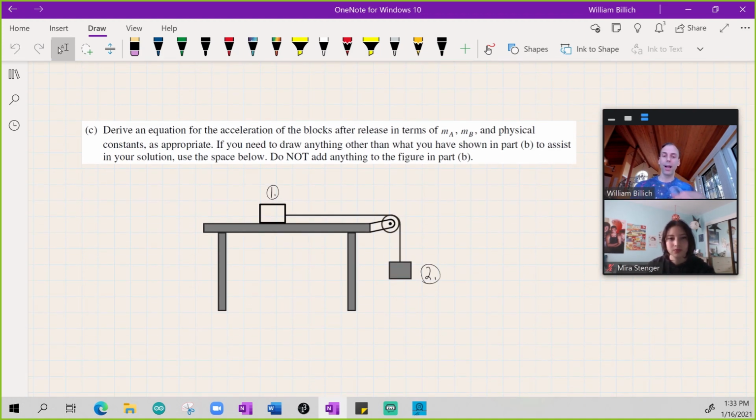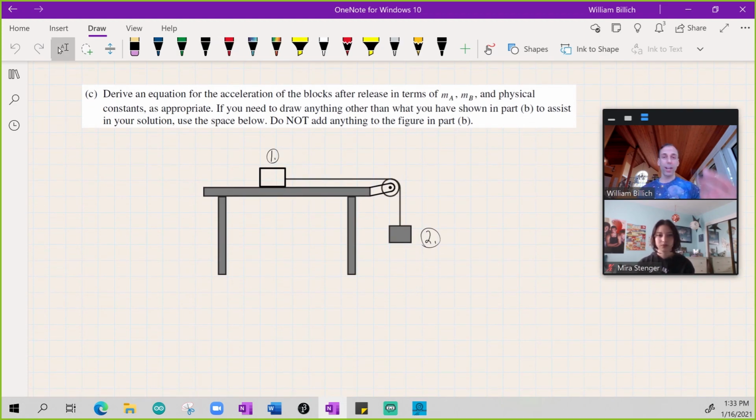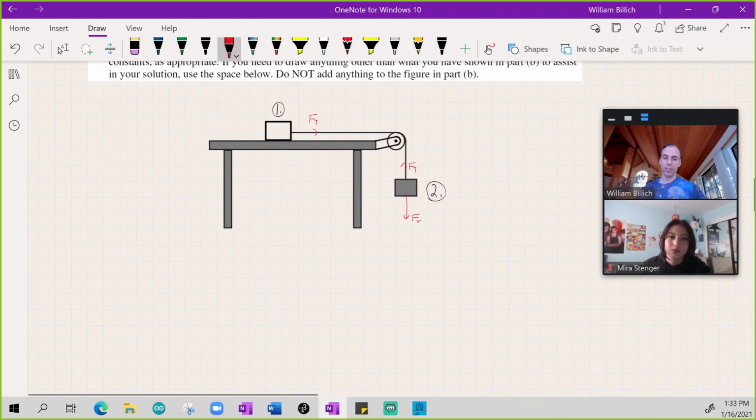So here we are to derive an equation to describe the acceleration of this system. So I'll reiterate, here's what our arrows look like. You got gravity downward. You got tension upward. And I'm going to ignore putting the other arrows for this mass here because it's not relevant to our derivation.